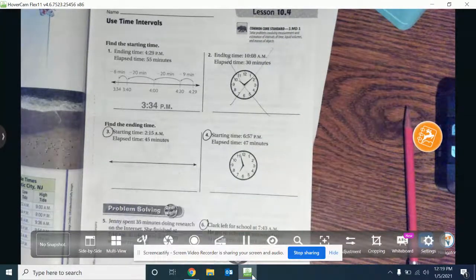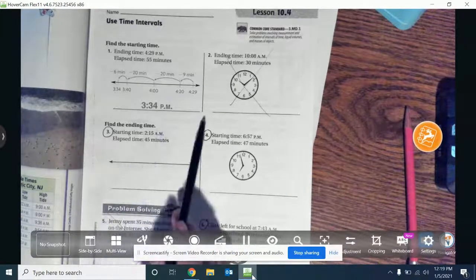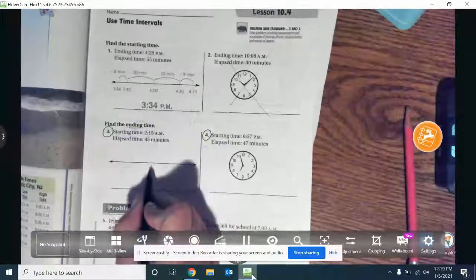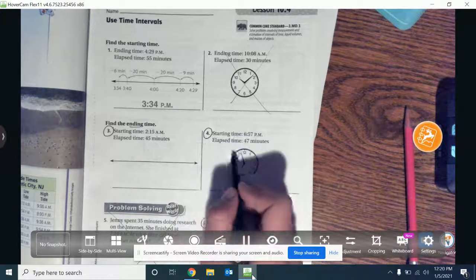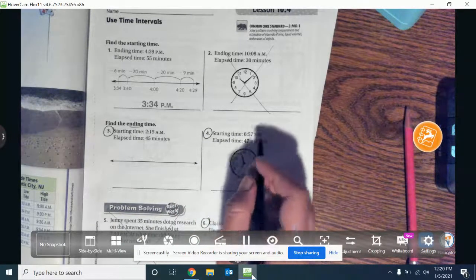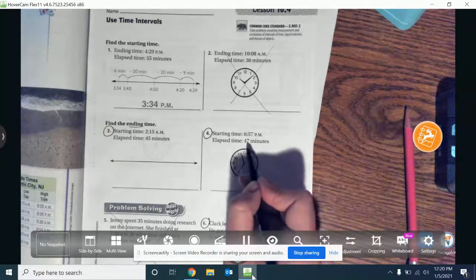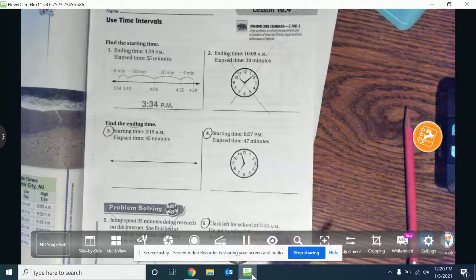You're not doing number 2, and you're not doing number 5. Your homework, you're going to do number 3, find the ending time using the number line. You're going to do number 4, if the start time is 6:57 like it shows here, and 47 minutes went by, what time would it be? So you have to count 47 minutes after this, okay?